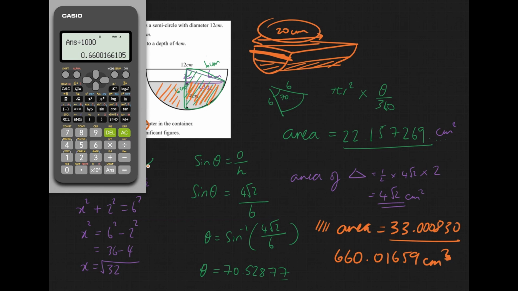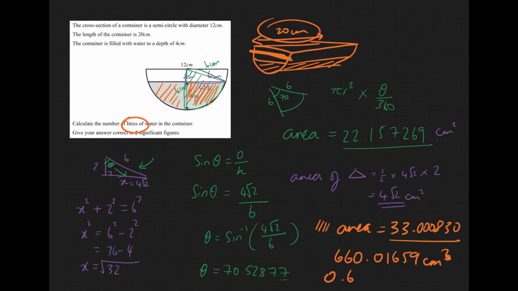I'm not going to go through that bit, but you basically get 0.660169, and it says to two significant figures, so 0.66. So that rounds to 0.66 litres. That is how you do that question.